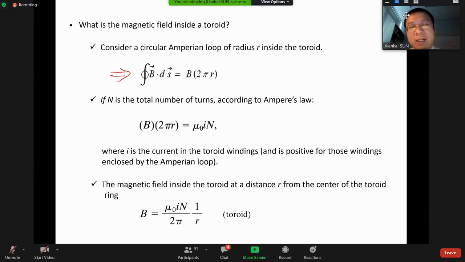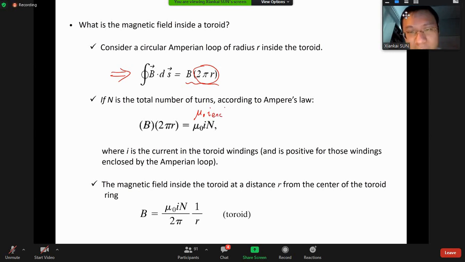Okay, so in this case, the left-hand side of this Ampere's law is equal to B times 2 pi r. No problem. Again, 2 pi r is the circumference of the Amperian loop. And on the right hand side, this should be mu naught times I enclosed.